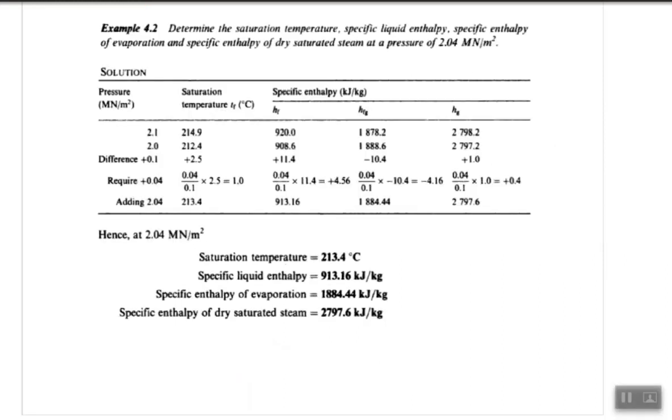So let's move to another example, example 4.2. This is an example from Rainer Joel's book, Engineering Thermodynamics. Well, the book is not relevant over here, but the example is relevant. Till now, we have used the slope method, which was easy for you because you were already familiar with it. Let's try another method, called the tabular method.